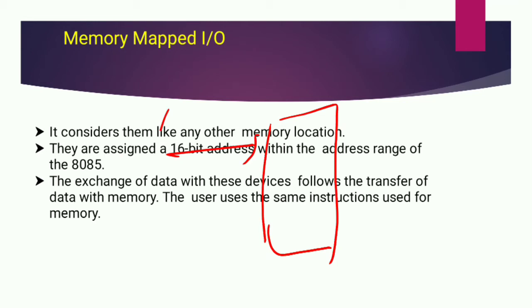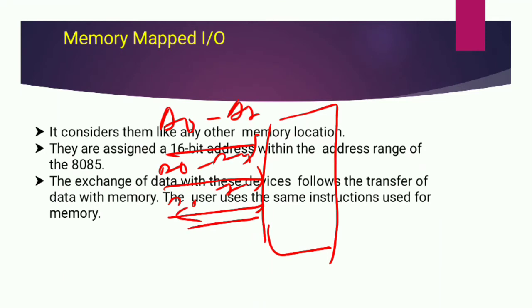This is the lower order address A0 to A7. This is the higher order address A8 to A15. This is the data bus, which is bidirectional. There is a read signal and there is a write signal. This is the memory and I/O device.